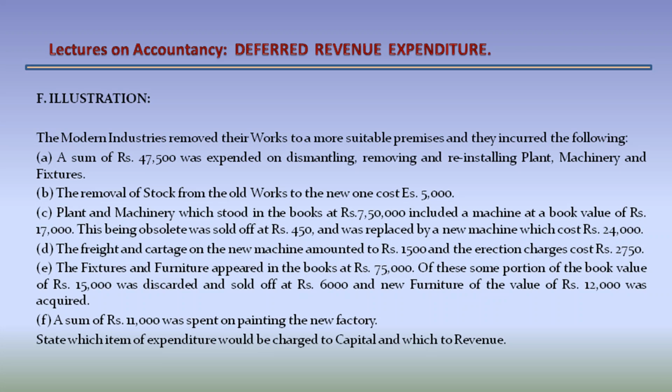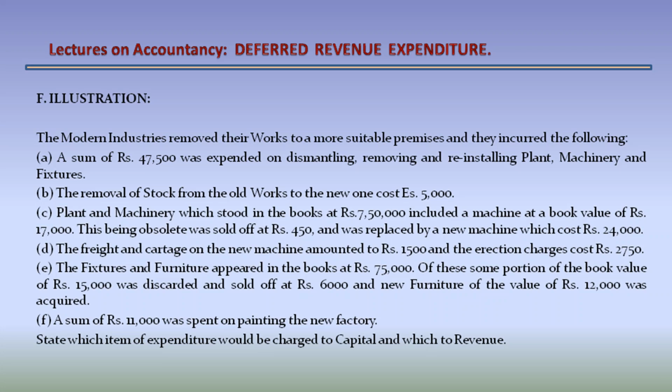C. Plant and machinery which stood in the books at 7,50,000 included a machine at book value of 17,000. This being obsolete was sold off at rupees 4,500 and was replaced by a new machine which cost 24,000. D. The freight and cartage on the new machine amounted to 1,500 and the erection charges cost 2,750.